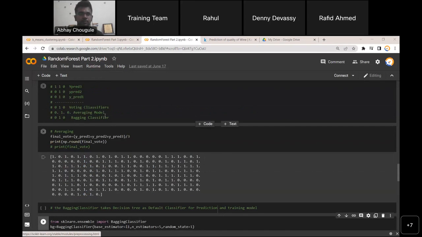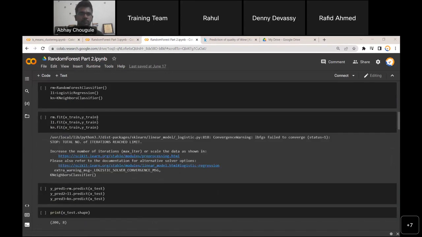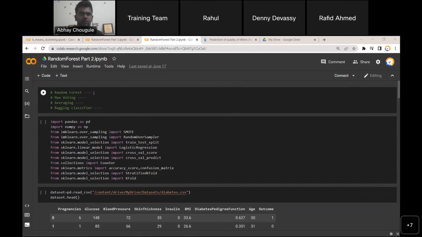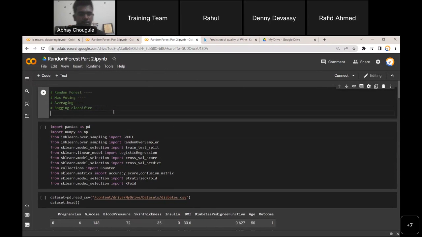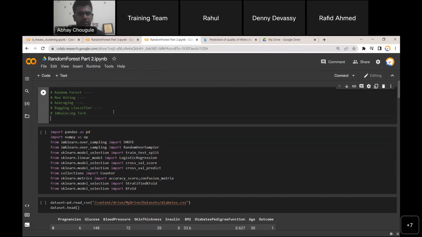First one: random forest, max voting, averaging, and imbalancing techniques and cross validation.